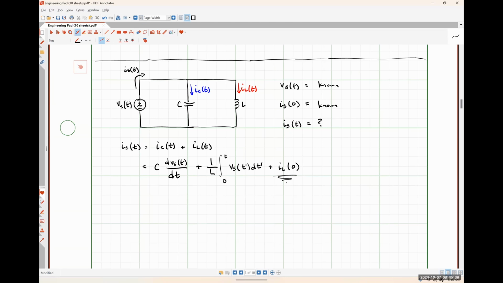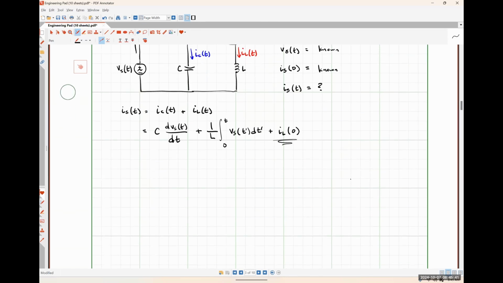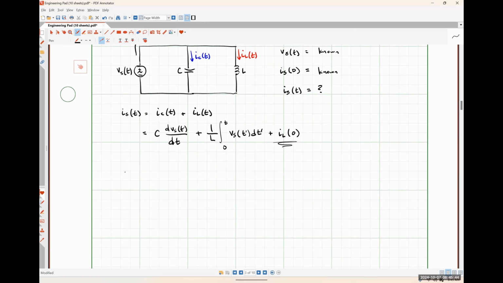So that's definitely going to have part of it. So let's follow Ashton's thing here, right? It stands to reason, according to Kirchhoff's current law, that if we know Is at 0, that has to be the same as IC at 0 plus IL at 0, because Kirchhoff's current law has to be satisfied at literally all points in time. Can't not be, or we're violating laws of physics, okay? Well, Is at 0 is a known quantity. IL at 0 is what we're looking for.